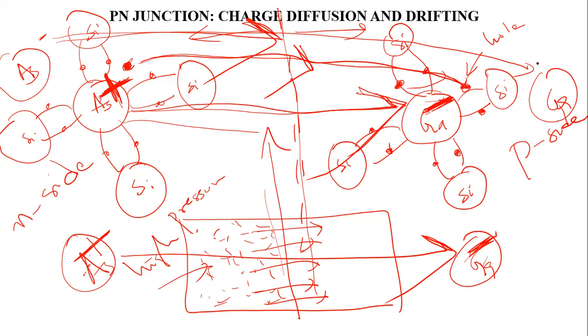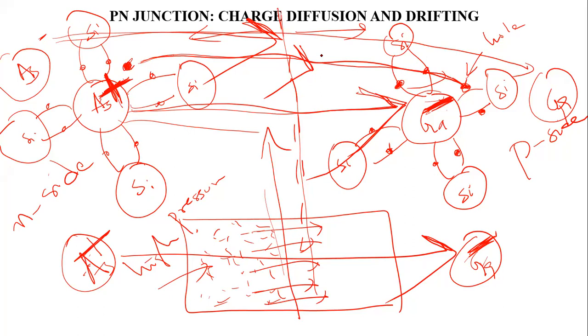Initially, when very few electrons diffuse, very few positive and negative ions will be formed, and such a small number may not be sufficient to repel the incoming diffusion electrons. So eventually, it will create more and more positive ions on the n side and negative ions on the p side. Then you will have a sufficient electric field in the junction region. That sufficient electric field will prevent any further diffusion of electrons.